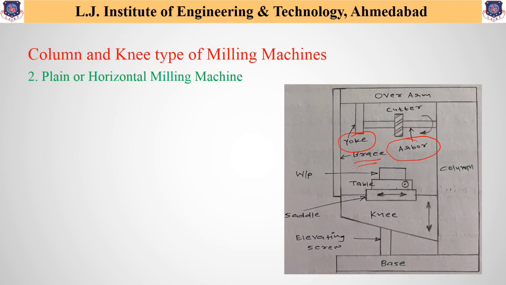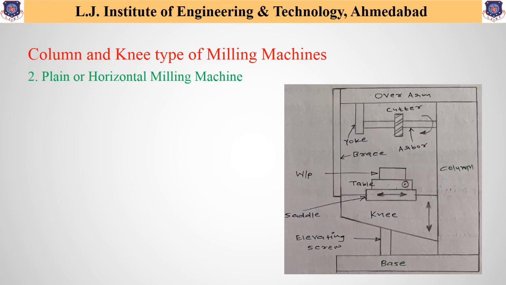The next part, indicated over here, is called the brace. As we can see, it is connected from the overarm to the knee, and it acts as a linkage to connect the overarm and knee.